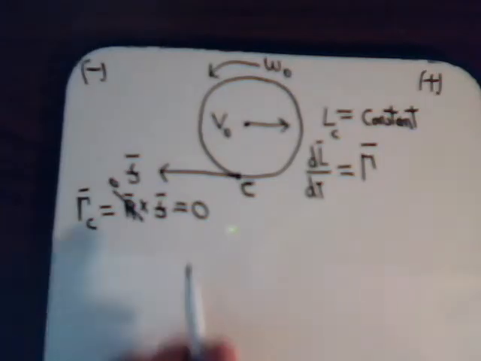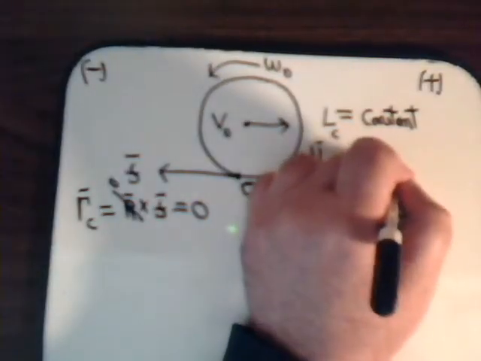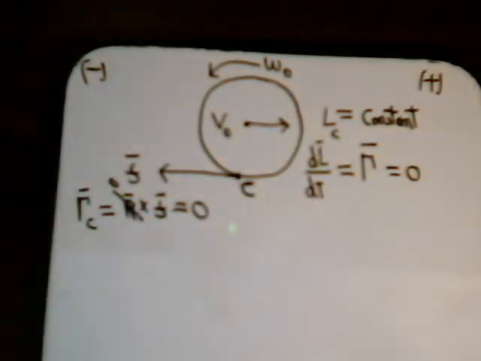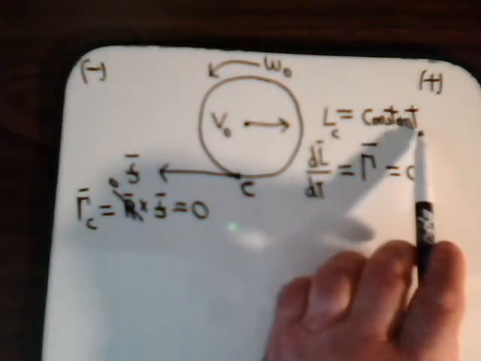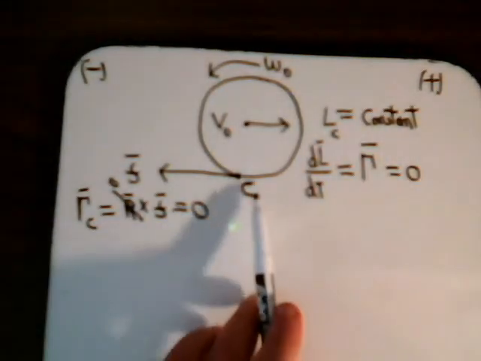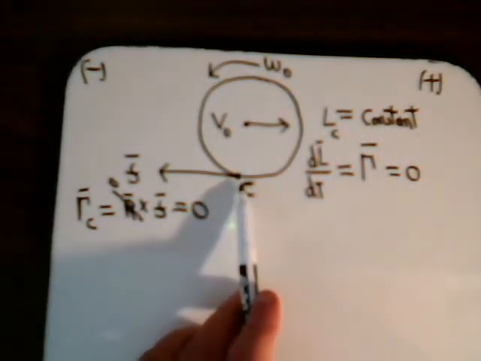But if the torque is 0, as it is in this case, then the derivative of the angular momentum is 0, which means the angular momentum itself is constant. So the angular momentum about point C is conserved.